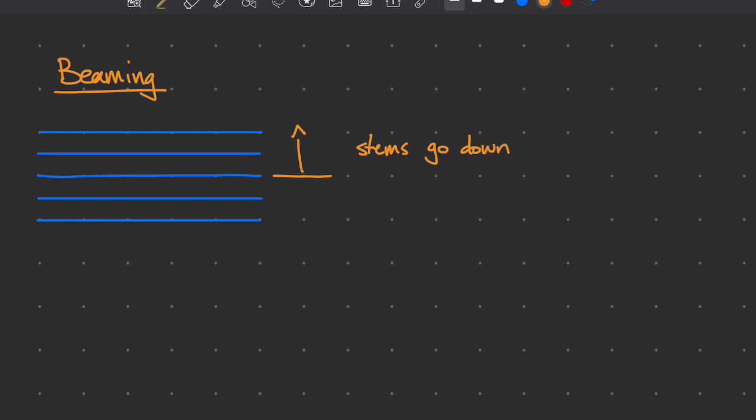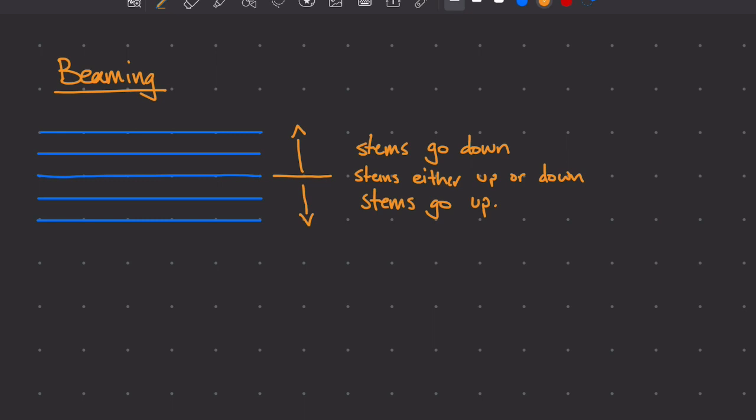Anytime we have a note on the middle line and below, the stems go up. Then the middle line stems can be either direction. We'll say stems either up or down. It depends on the context and whether the notes are going up or the notes are going down.